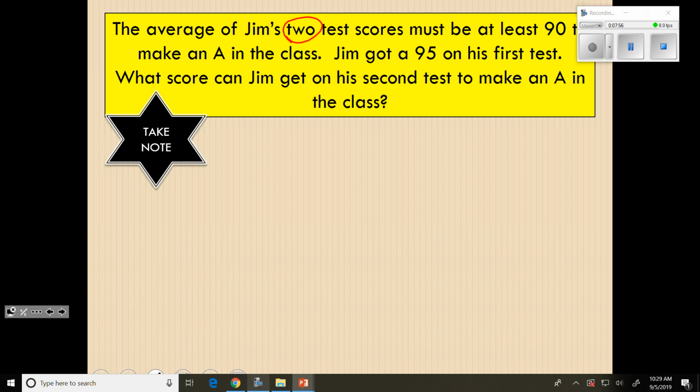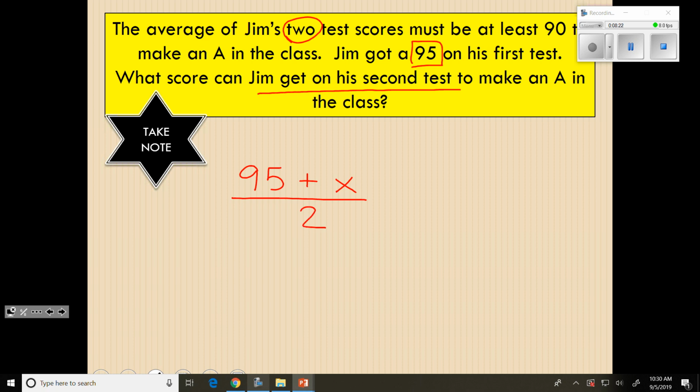We know that on the first test, he got a 95. We are going to add that to what he made on the second test. Well, that happens to be our unknown because that is what the question asks for. What did he get on his second test? So that's our unknown number that we fill in with the variable. We need to add these 2 numbers together and divide by 2 because there are 2 numbers.